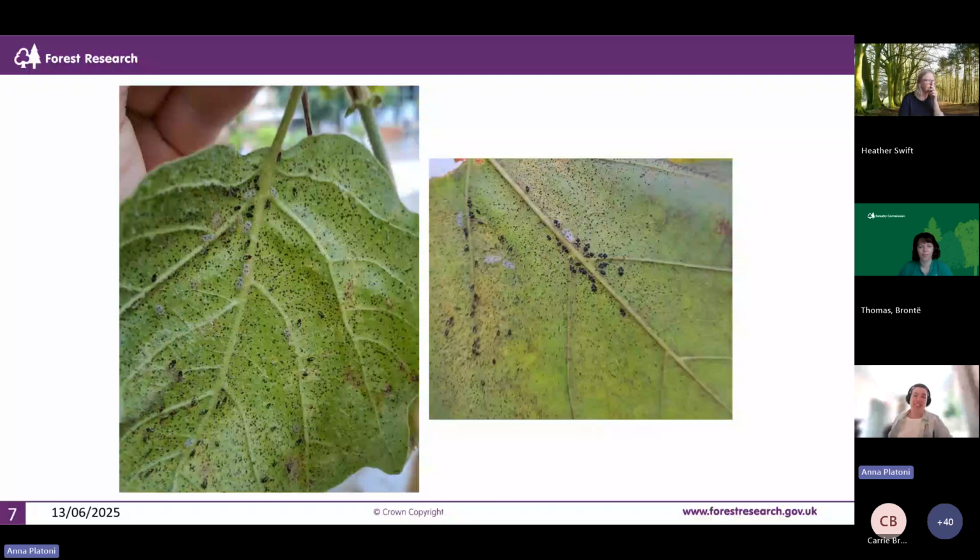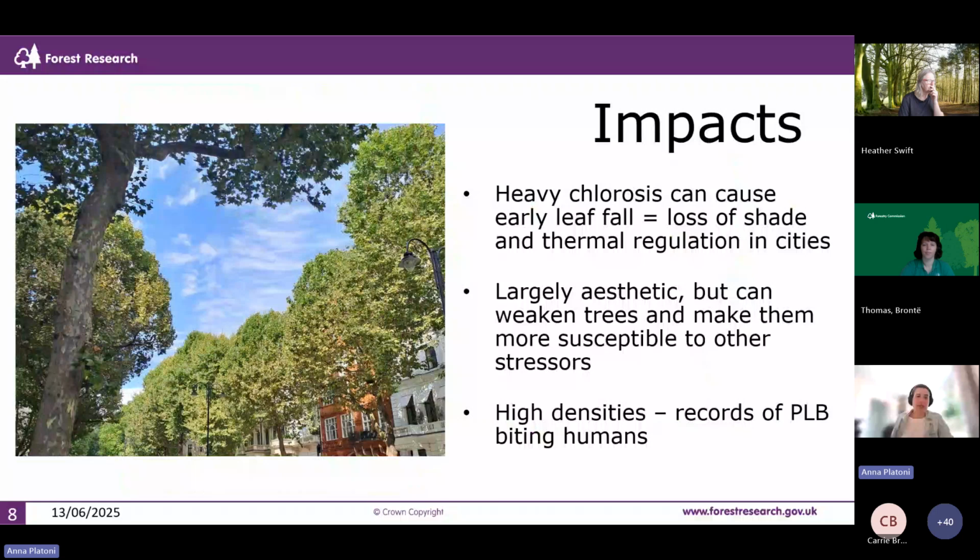So what are the impacts of this pest, or potential impacts? You can see here some trees that are being affected by the pest, and heavy levels of chlorosis can cause premature leaf fall, so browning and then leaf fall.